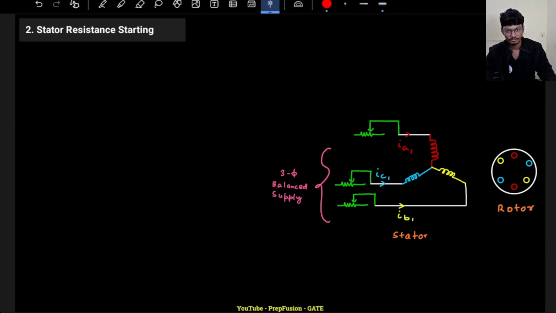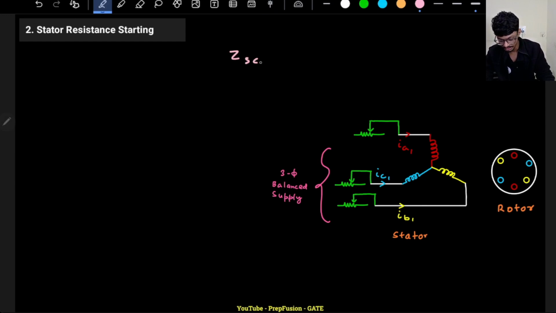Let's assume that if there was no resistance connected, the impedance of the coils is ZSC, the starting current impedance by default.